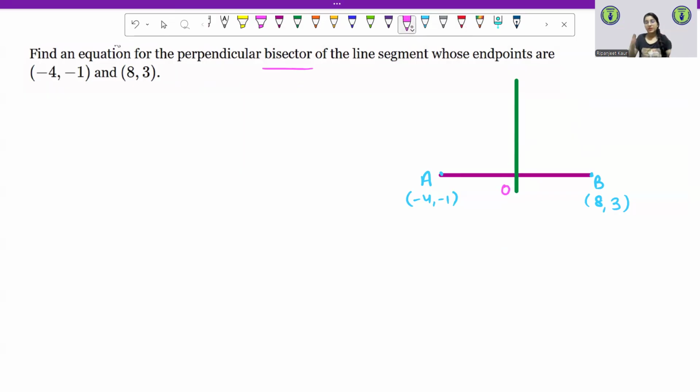Bisecting means it's dividing into half. What do you think is point O of AB if O is dividing the line AB into two equal parts?